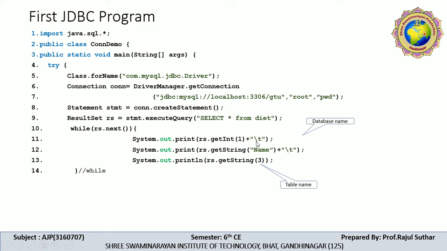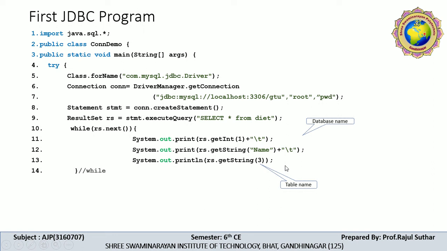Then we add some space using slash t to create the space. Then System.out.println rs.getString, we require the name, so the name will be printed. Again one space, then System.out.println rs.getString. First the integer is printed, then the string name is printed.